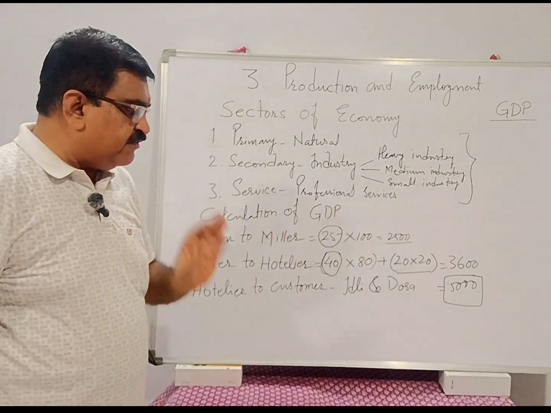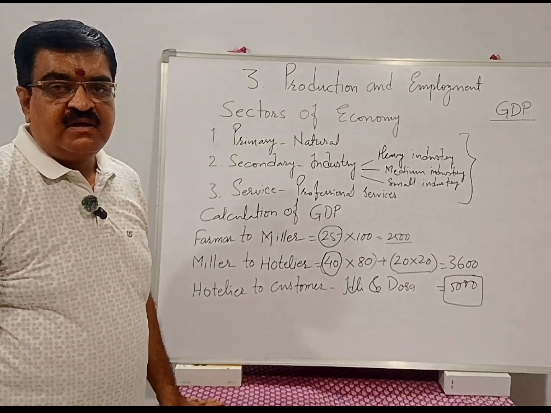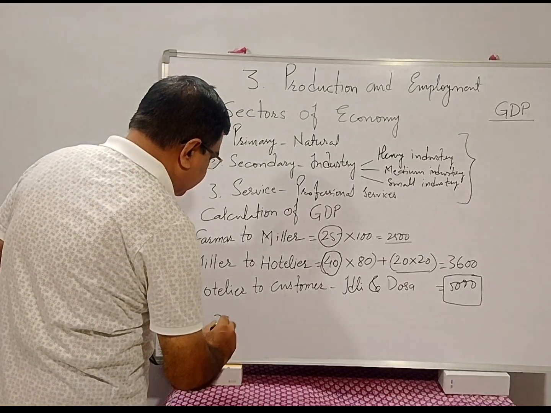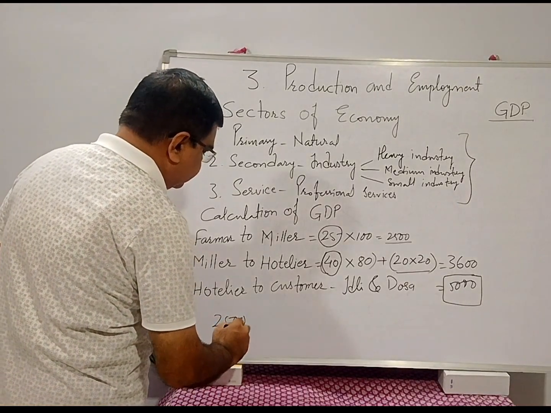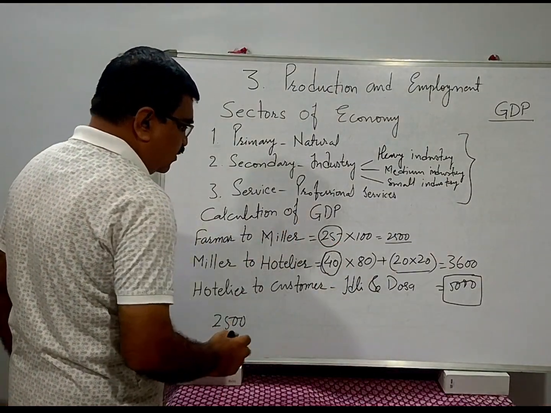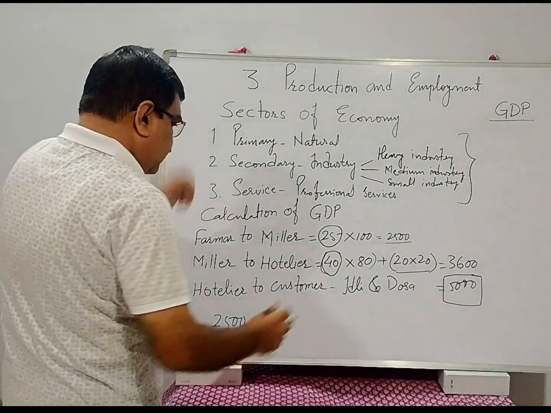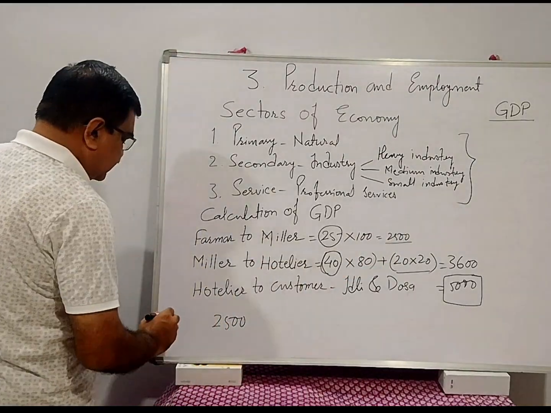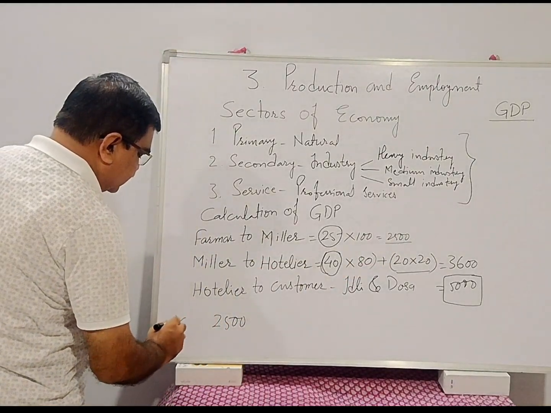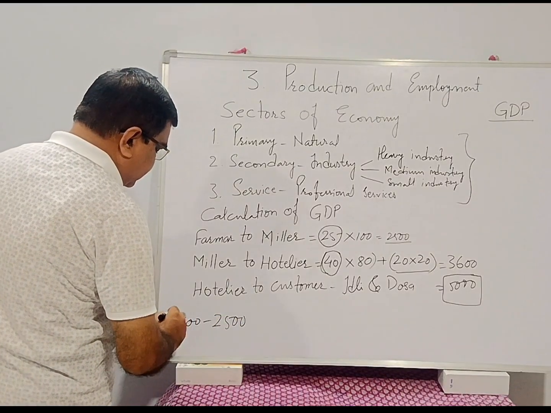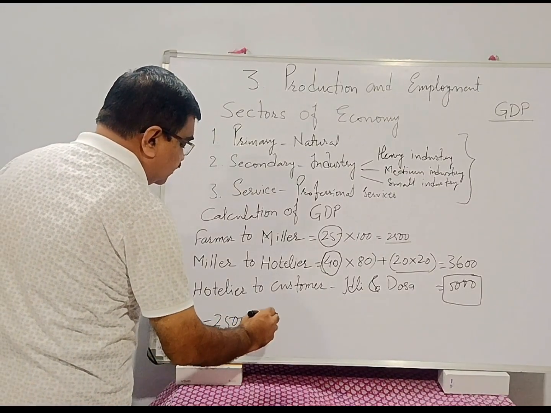That amount only we have to calculate. See here, the farmer has produced at 2,500. Now when the miller has sold that to the hotelier, he has sold at the cost of 3,600. So how much extra he got? 3,600 minus 2,500. How much is it? 1,100.